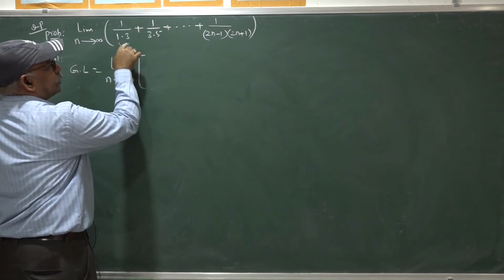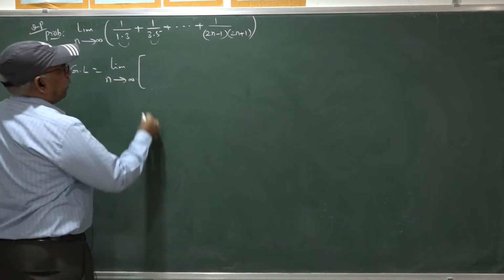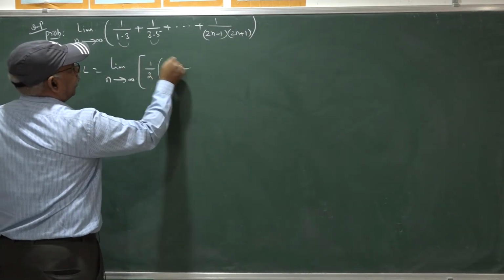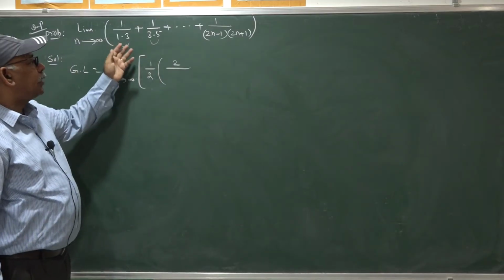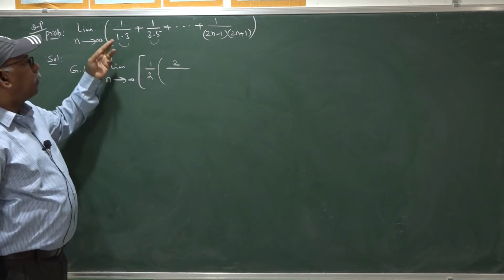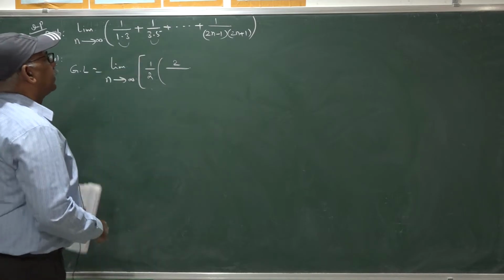Consider this difference; this is 2 and this is also 2. Once the denominator has the same number of factors and the difference of the factors is the same, multiply the numerator and denominator with that difference.